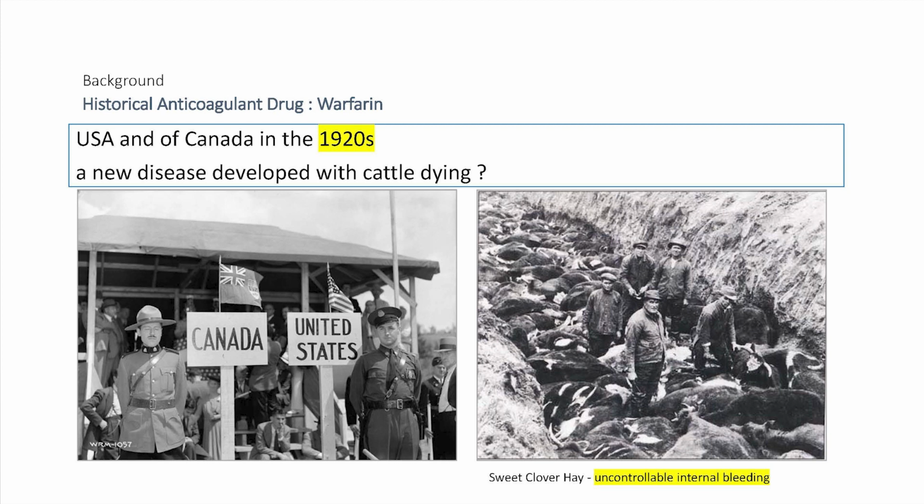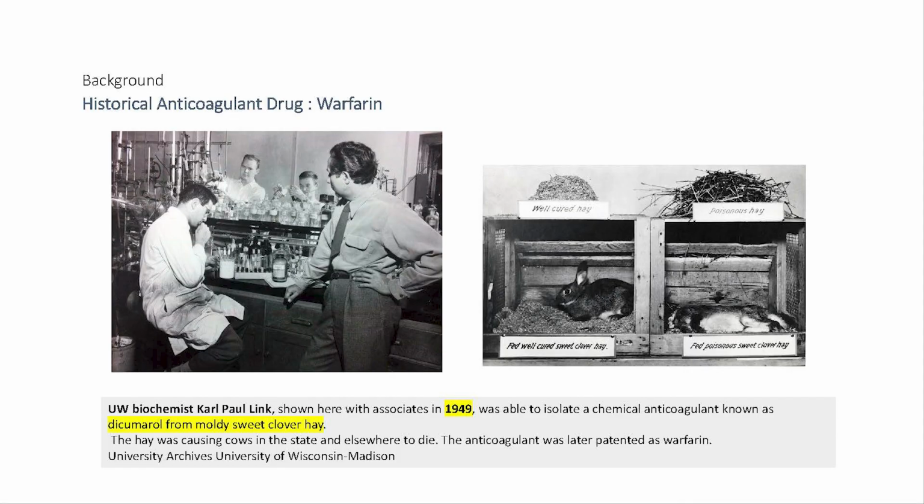That was in 1920. Then in 1949, research chemists tried to explain why those cows had died and why this internal bleeding happened. They discovered an unknown substance, dicoumarol, from spoiled sweet clover hay.